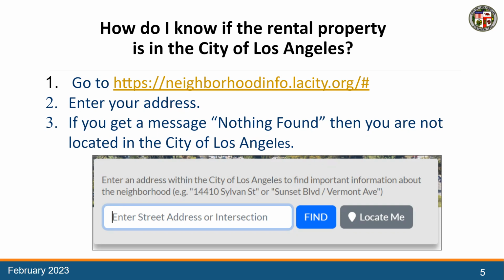When you go to this website, you can enter the rental property address. If you get search results, then your property is located in the City of Los Angeles. However, if after you enter the address in the search field, you get a message that says nothing found, then the rental unit is not located in the City of LA.